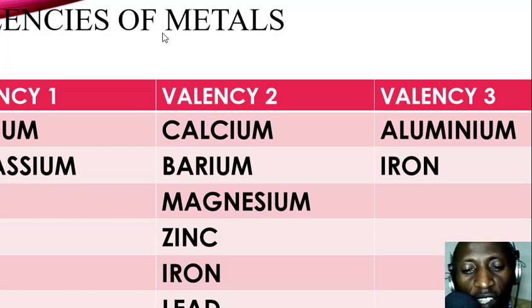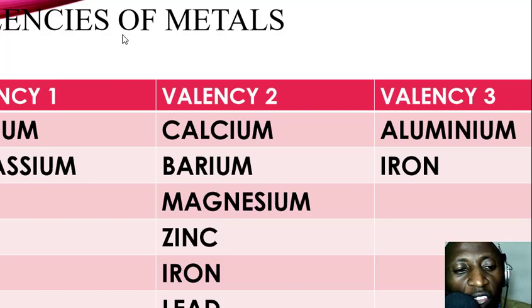On the screen, I've provided you with a table that shows the valency of various metals which are commonly used. The moment we master these ones as the basic foundation, you'll find that others in the periodic table, you'll come to master them very, very easily.